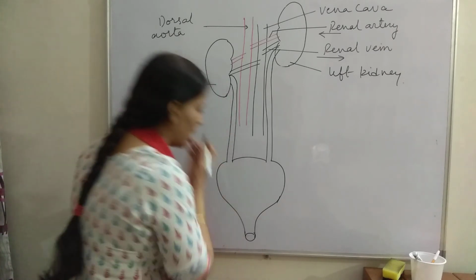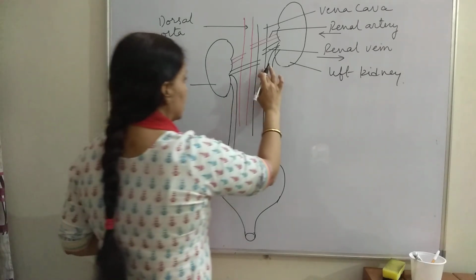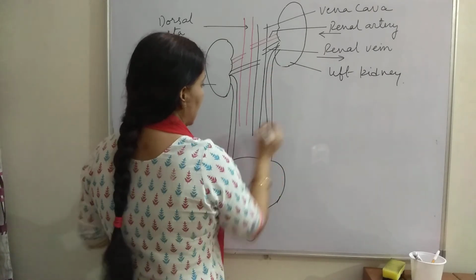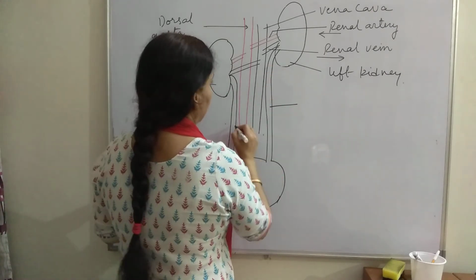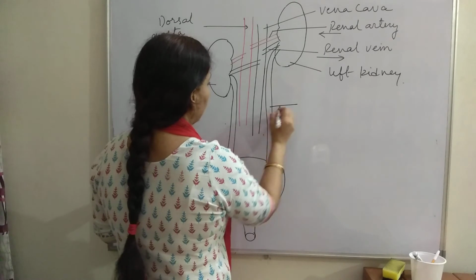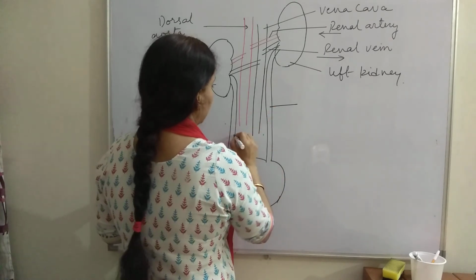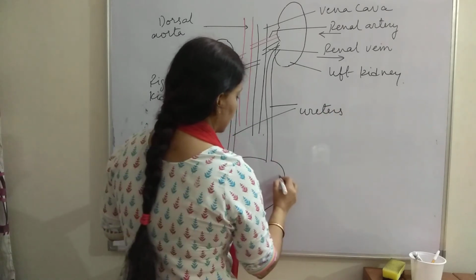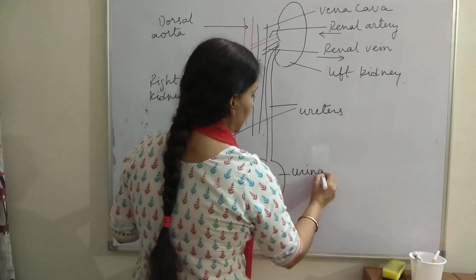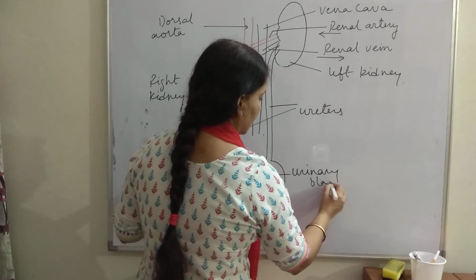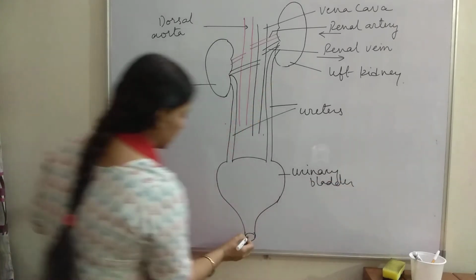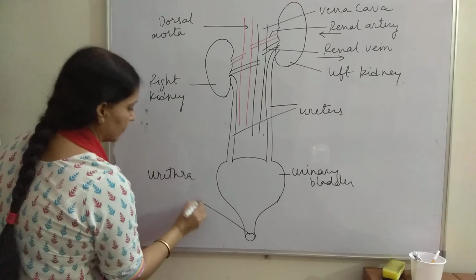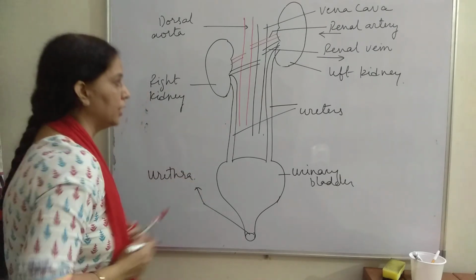This bag is called the urinary bladder, and these two tubes which arise from both the kidneys are called ureters. This is the urinary bladder, and this opening is called the urethra.